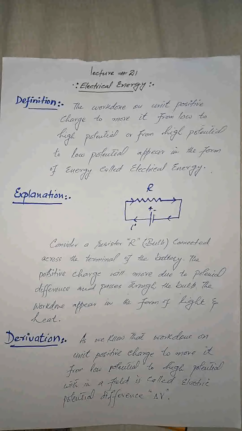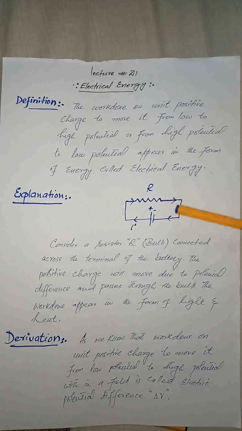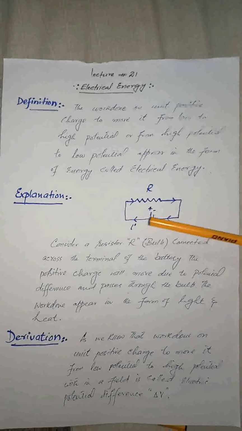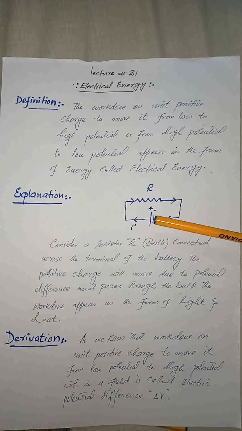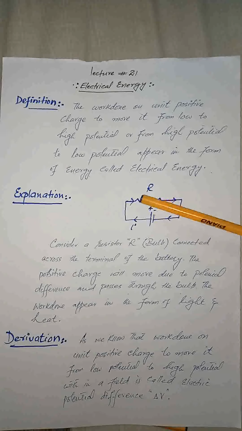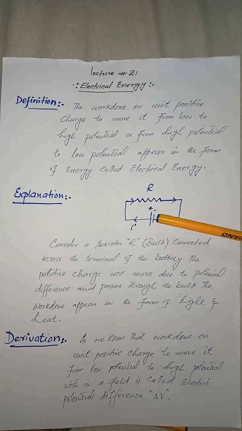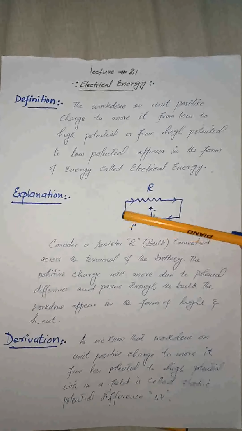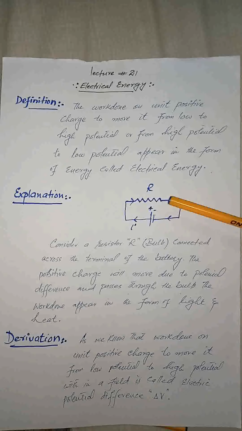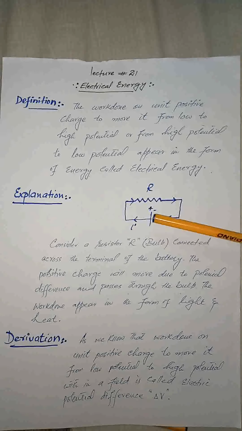Now to make the definition simple, we consider a circuit diagram as shown. This is a resistor, maybe a bulb, connected with the two terminals of the battery at two ends. When a potential difference is applied and the circuit is closed, the current will flow across this resistor in this direction and enter the negative terminal.